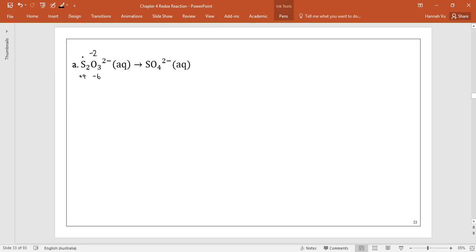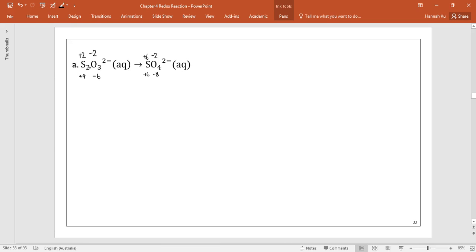So the oxidation number for each sulfur atom is going to be +2. Moving on to this side, each oxygen is -2, which means that the total is -8. So the sulfur has to be +6 in order to get a total charge of 2-, and since there's only one sulfur atom, the oxidation number of sulfur is +6.